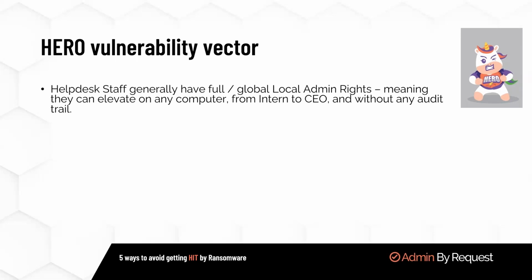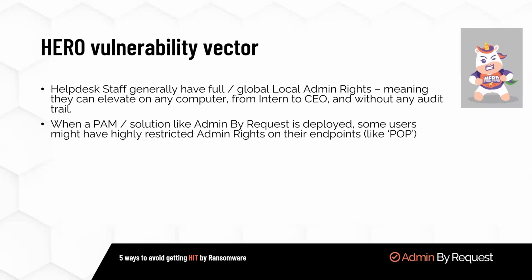Also, there tends not to be a terribly easy to access or understand audit trail of when all that is going on. And when you have a PAM solution, maybe even Admin By Request, you would also want to restrict what users can do on their endpoint. Like in the first way we talked about with POP, the users have to be able to send requests in and get those approved.